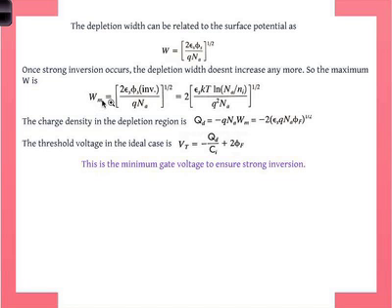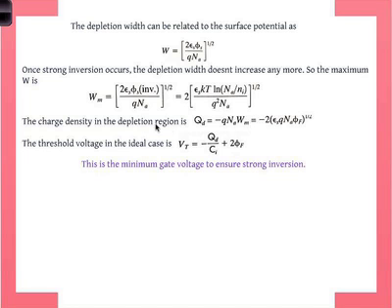Beyond that, really, it doesn't increase much, and you can calculate that based on this expression, where phi_s is the onset of strong inversion, which we know because it's 2 times the difference between the intrinsic level and the Fermi level. Okay, so that's much p-type versus n-type. So you can relate easily to the concentrations of the acceptors, the p-type doping, and you get a simple expression like that.